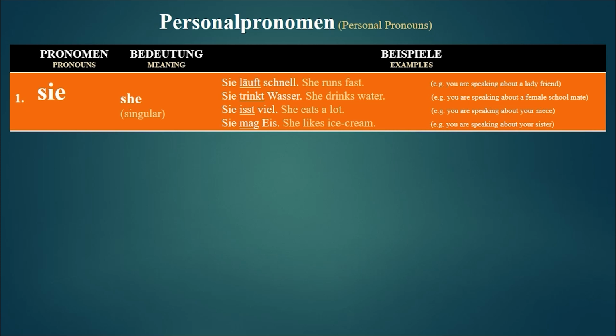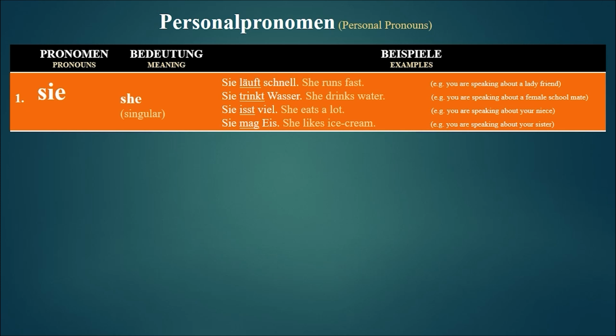We have sie läuft schnell. She runs fast. For instance, if you were speaking to or about a lady friend, you are saying this lady friend runs fast, so you use sie. Another example, sie trinkt Wasser. She drinks water. You are speaking to a female schoolmate, you use sie, she.